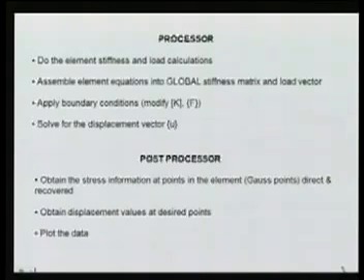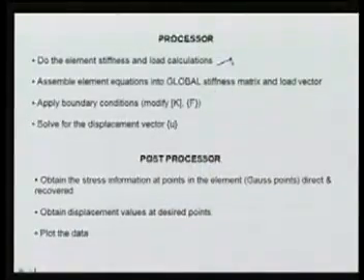The processor is the heart of the program, where the whole element calculations are done and the element stiffness and load vectors are created. Now these are passed to a place where these element calculations are assembled to get the global stiffness and load vectors, like we had done in an earlier lecture.